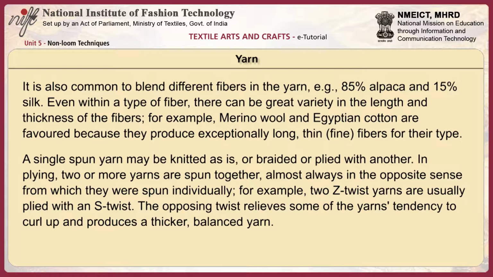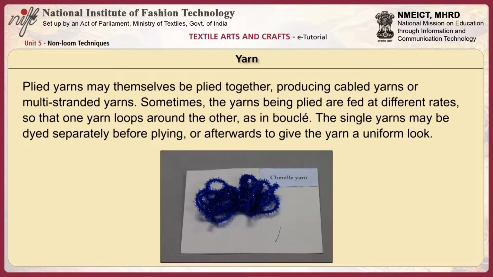In plying, two or more yarns are spun together almost always in the opposite sense from which they were spun individually. For example, two Z-twist yarns are usually plied with an S-twist. The opposing twist relieves some of the yarn's tendency to curl up and produces a thicker balanced yarn.